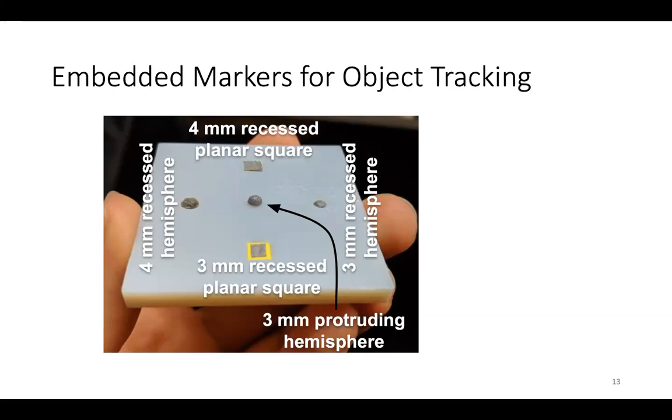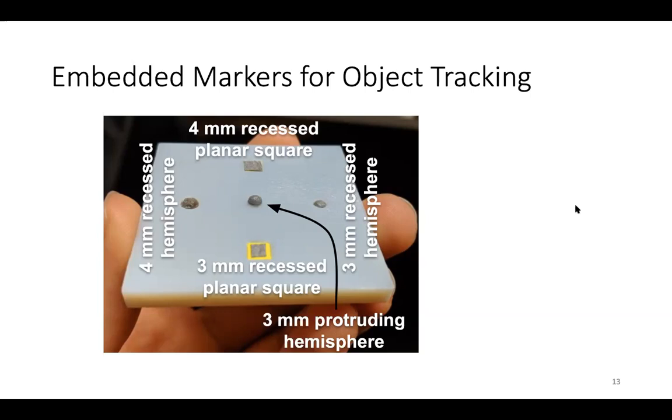But we wanted to avoid distorting the surface of the object so that we don't influence the way people are grasping. We don't want them to avoid touching some areas or want to touch certain areas.